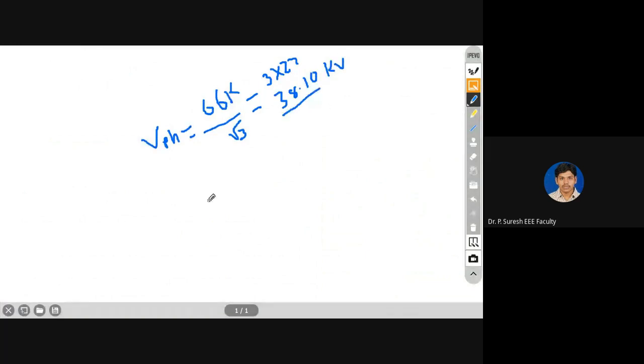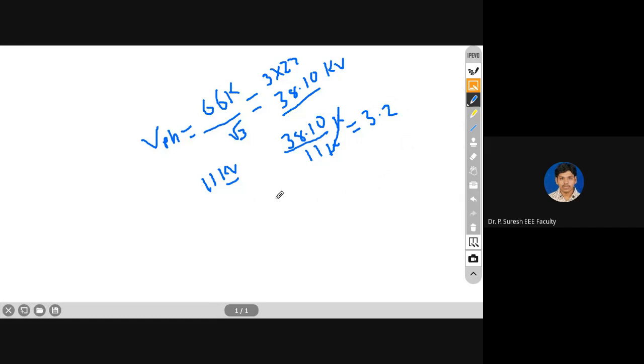So what is each disc capacity? Each disc capacity is 11 kV. The number of discs needed is nothing but 38.10 by 11 kV. So 38.10 by 11 is approximately 3.2 or 3.3.